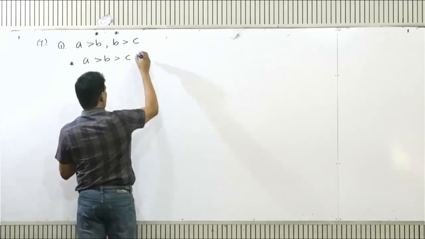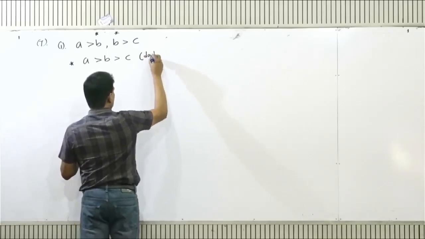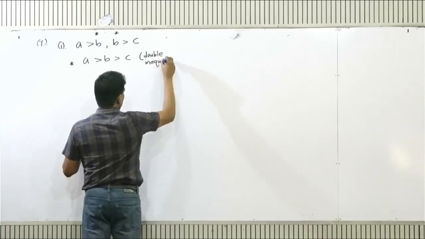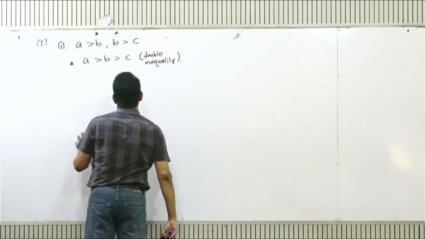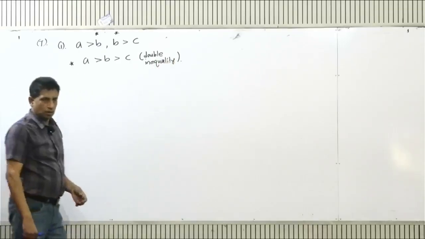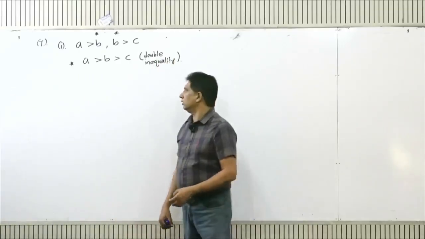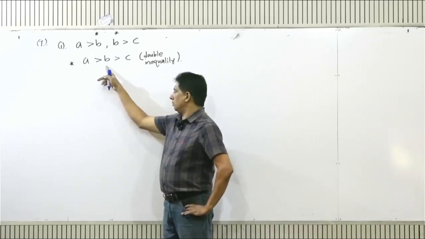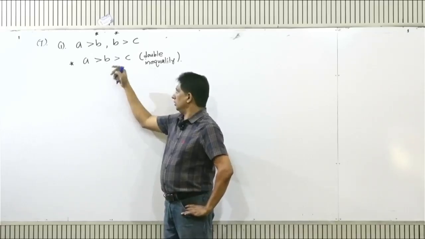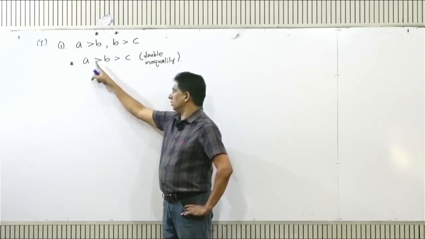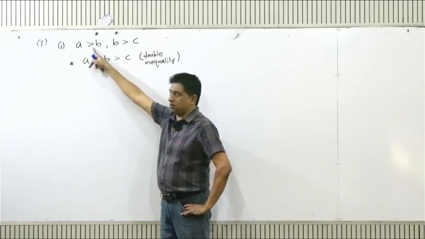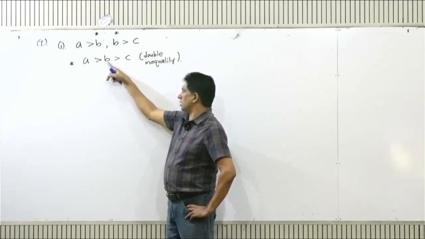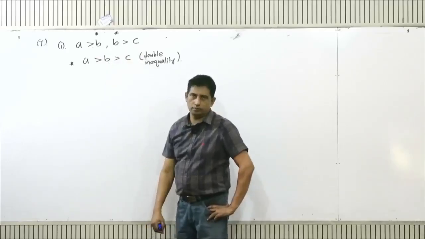So this is called a double inequality. If there is a double inequality, we can separate it into two inequalities: this inequality mark with its left hand side and right hand side, and this inequality mark with its left hand side and right hand side. Okay.